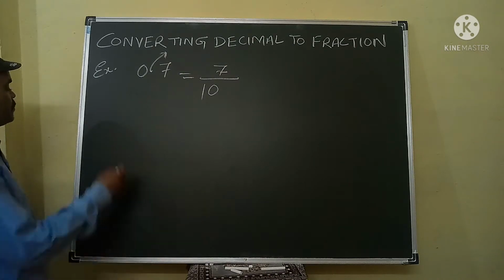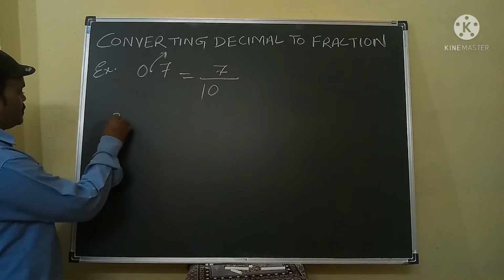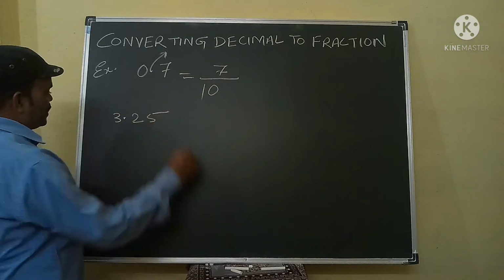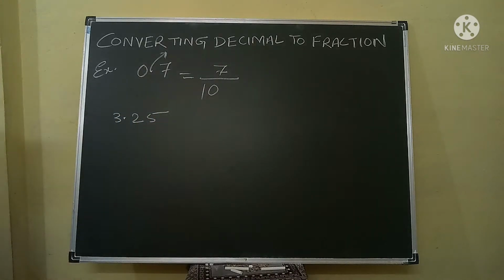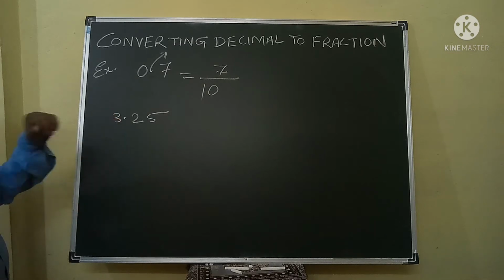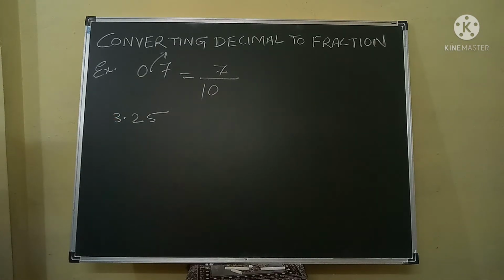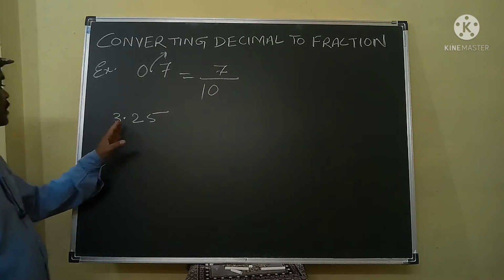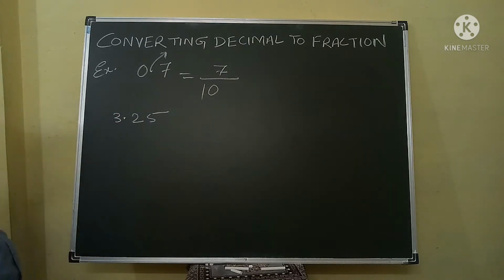Suppose you have another question. Suppose this is 3.25. This is a decimal number. How will we convert this decimal number to fractional form? Now look here.